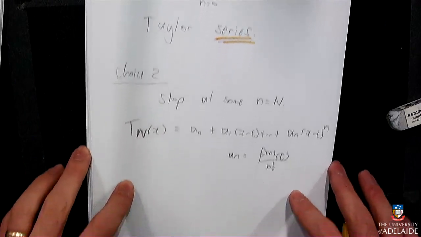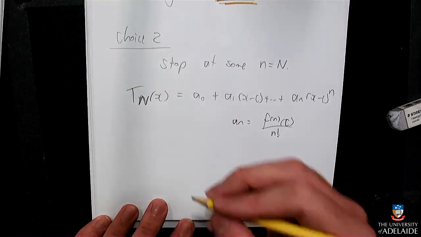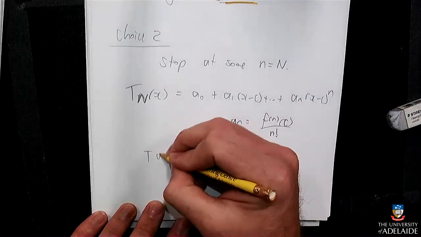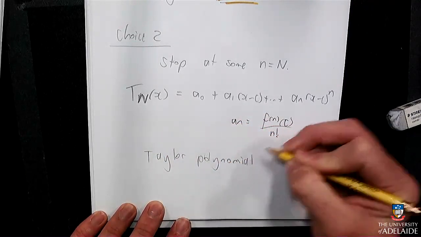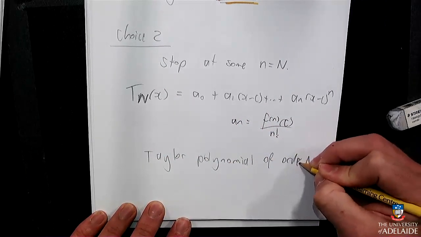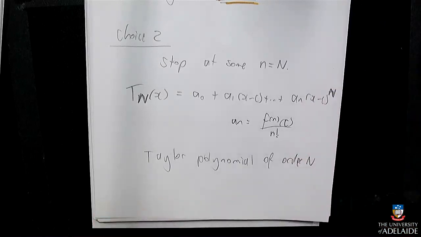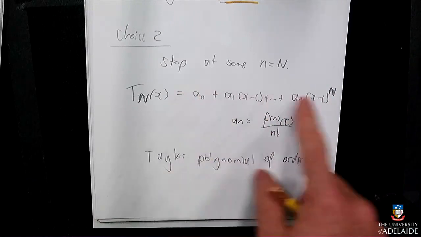Okay, so we'll stop at some point, and this is called, now just a second, a Taylor polynomial of order n. We went up to capital N. The little n is standing for all the ones in between.